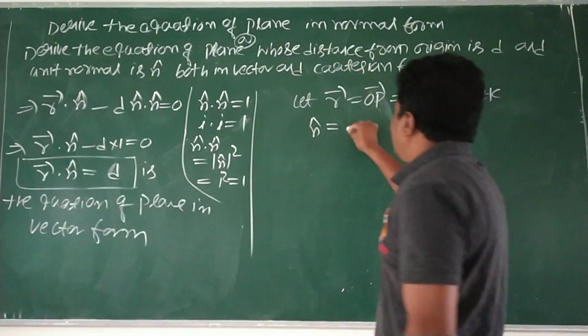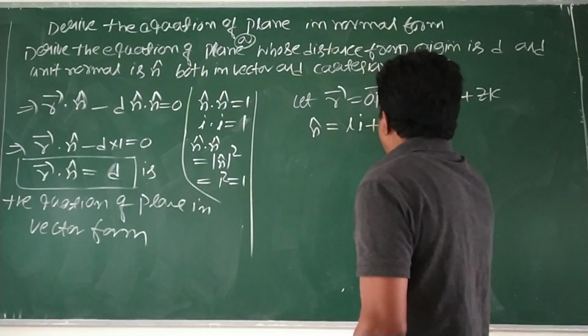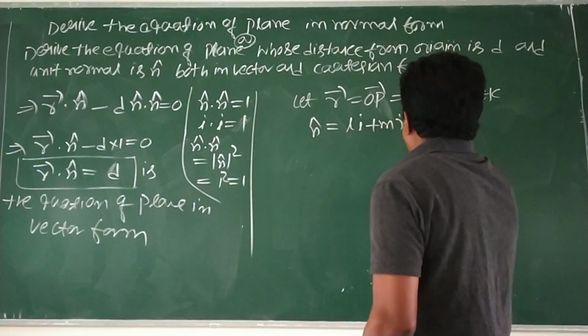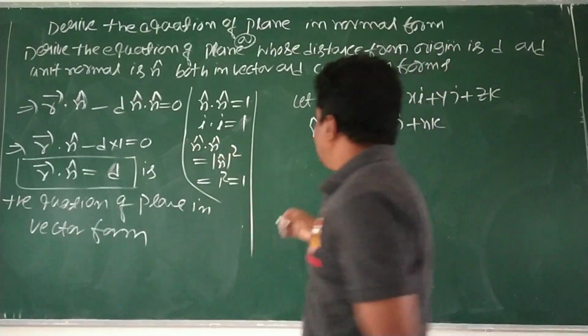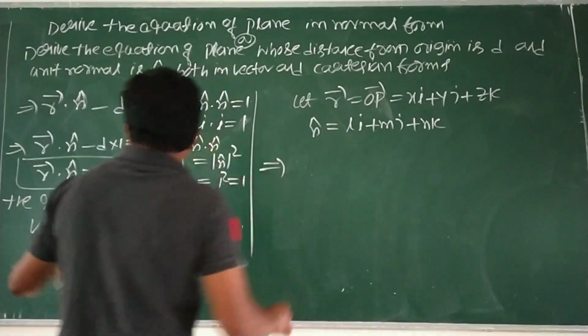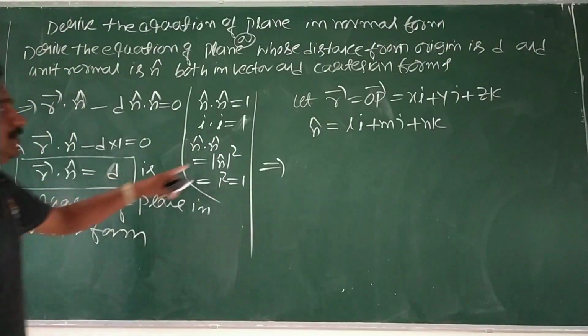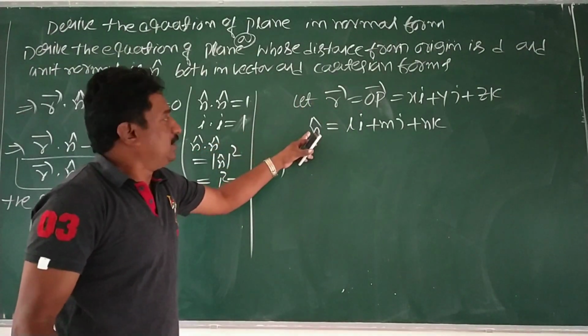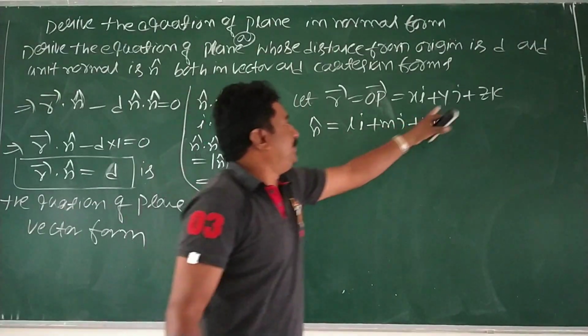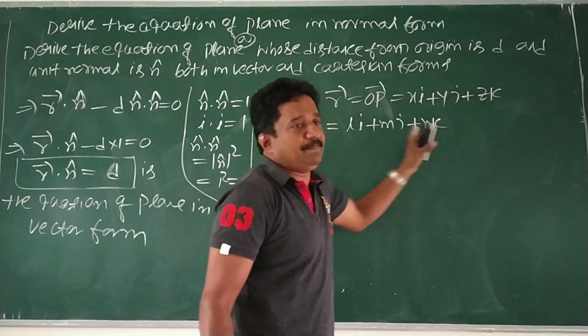You take li plus mj plus nk. Substituting that, r dot n cap is xi plus yj plus zk dot li plus mj plus nk.